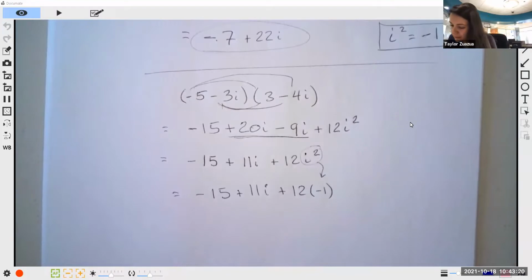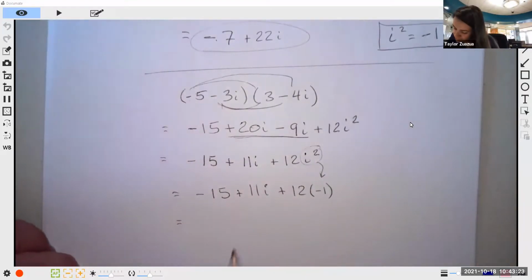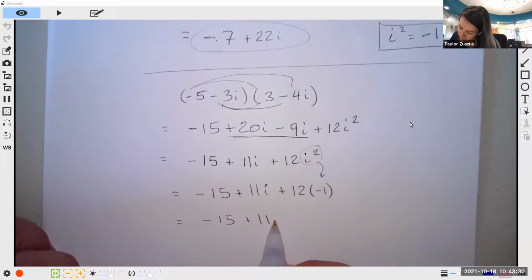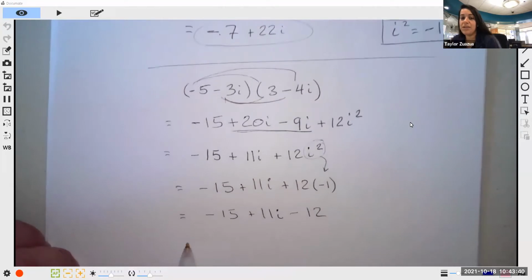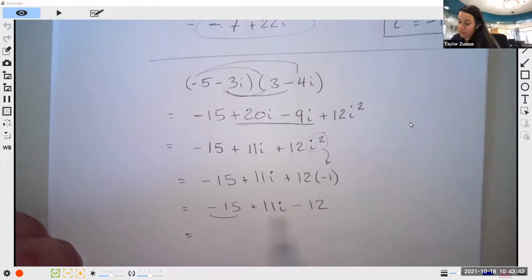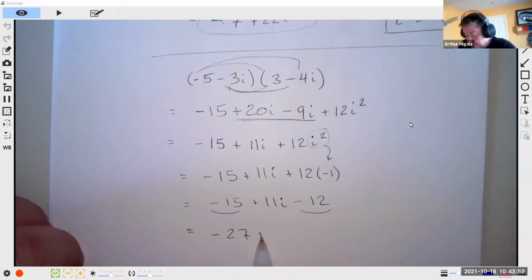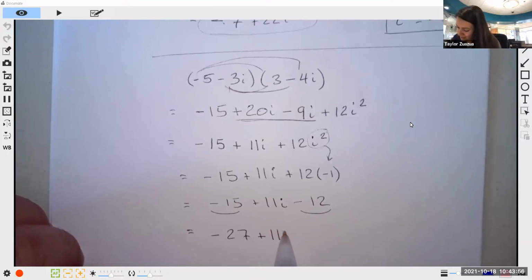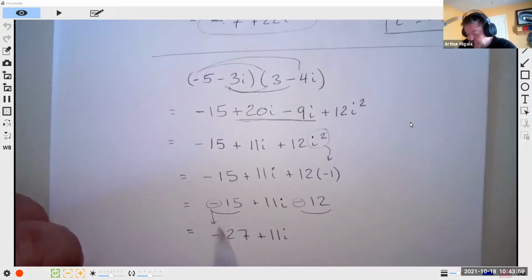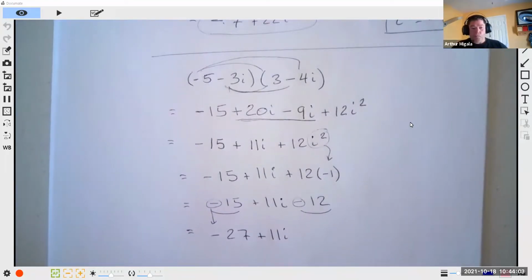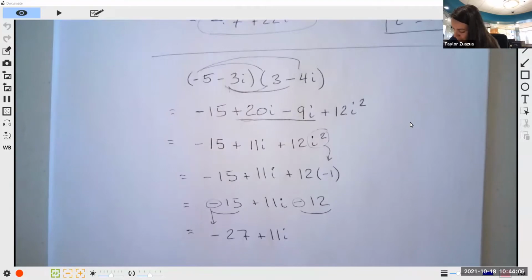That equals -15 plus 11i, negative 12. Then you combine the 15 and 12: -27. A negative plus a negative: since the signs are the same, keep the sign and add the numbers. All right, -27 plus 11i.